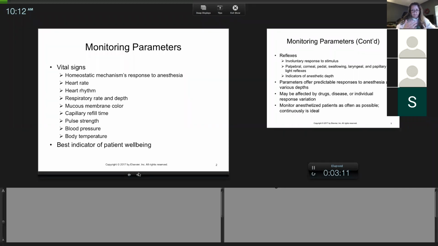For example, cats are typically well above 120 beats a minute during anesthesia. In awake cats, it's like 180 to 220 beats a minute. But I had a cat that was below 80, getting an MRI, and it didn't have a bradycardic agent.